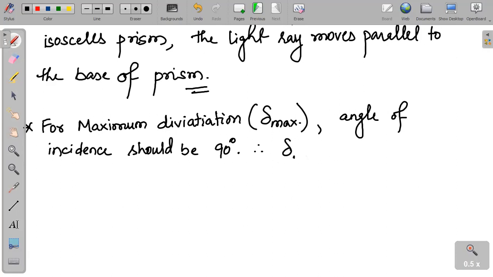Therefore, delta max will be equal to 90° plus I2 minus angle of prism. ठीक है?